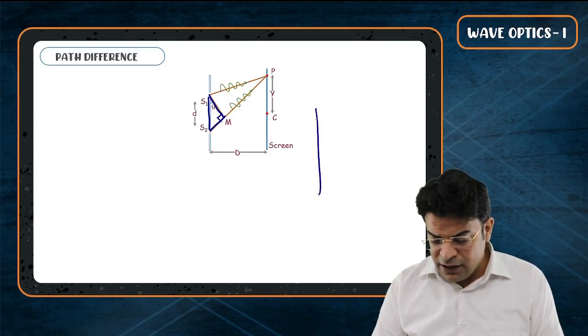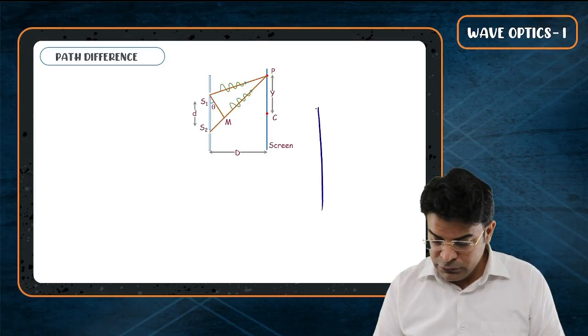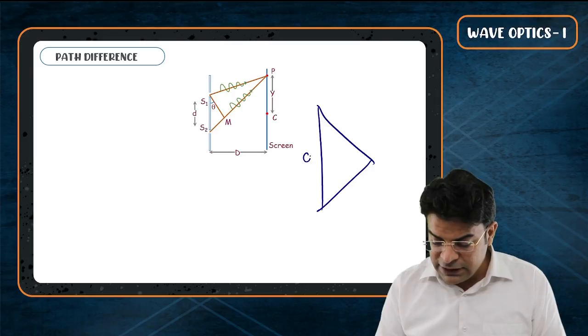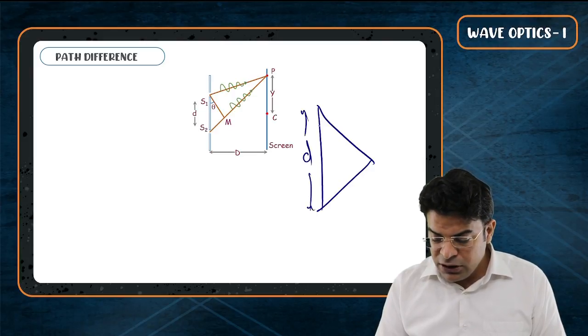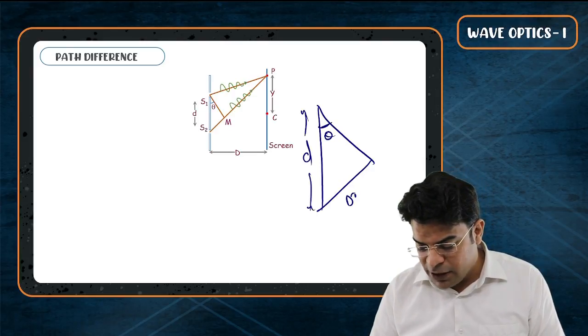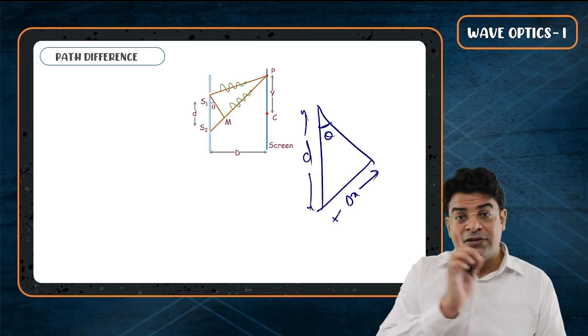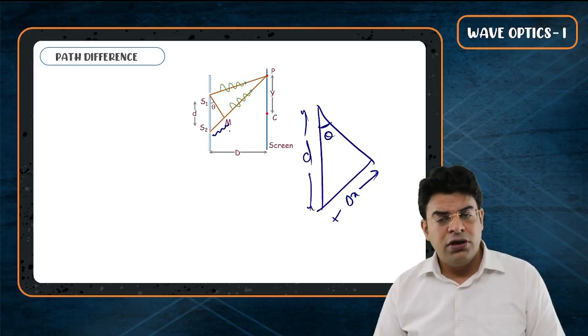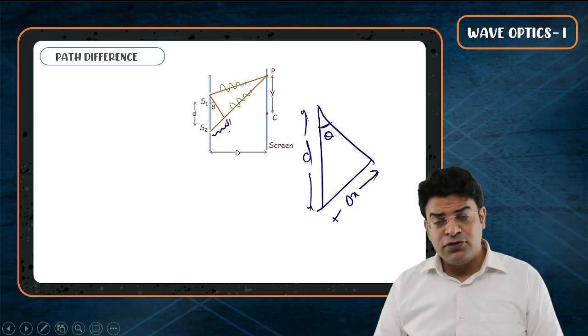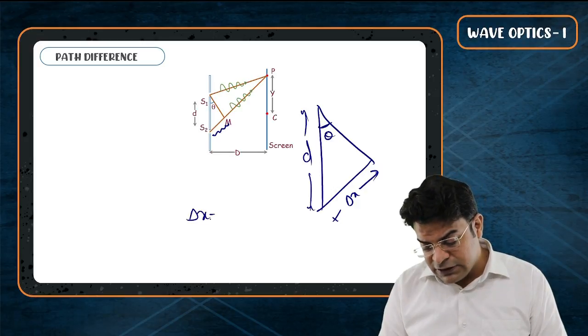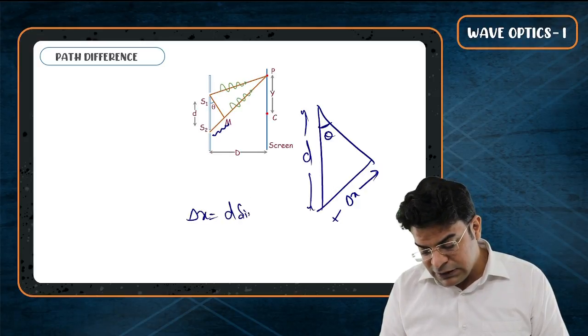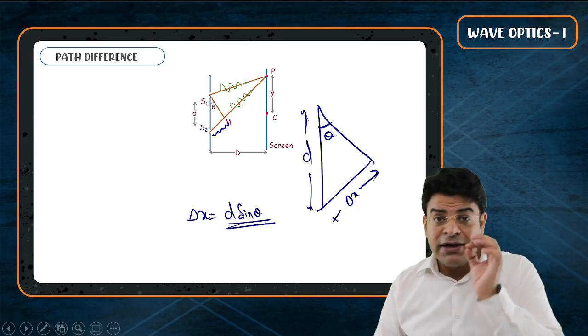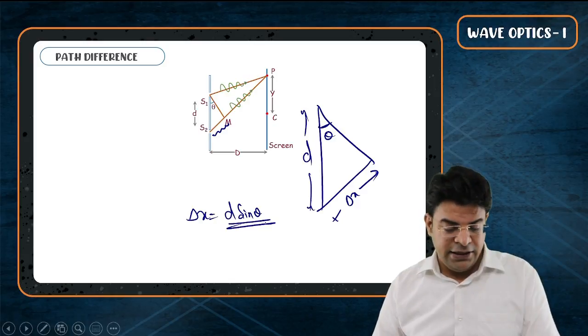For this right angle triangle, the hypotenuse is the separation between the slits. This angle is theta and this is the path difference. The second wave travels this much more. So sir, how much is the path difference in terms of d and theta? You can say that the path difference is nothing but d sine theta.